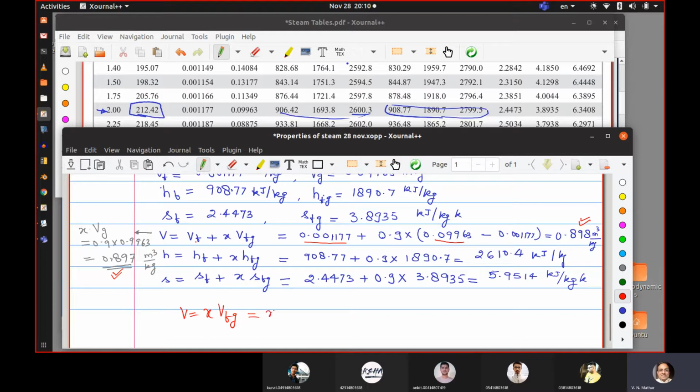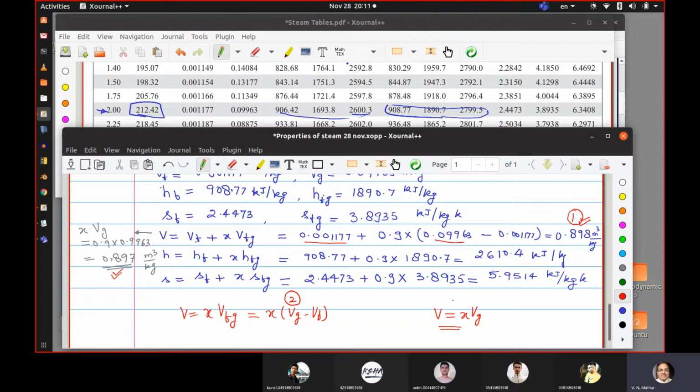The exact one is x into Vg minus Vf, and the other calculation is x into Vg directly, which gives more deviation as compared to the exact result. So this is the exact formula, but if time does not permit, you can use the shortcut.